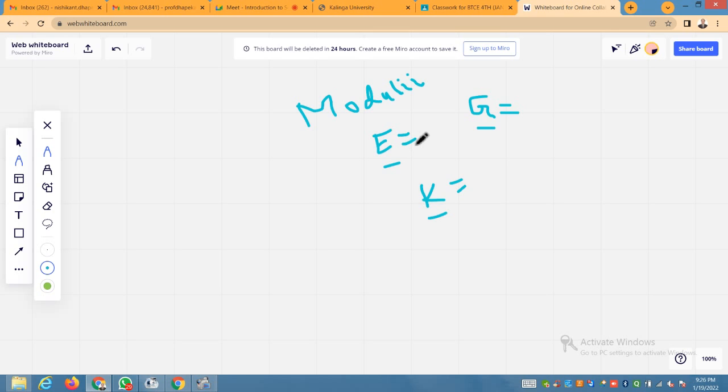So this Young's modulus of elasticity is defined as stress upon strain, and modulus of rigidity is also defined as stress. Instead of stress, there should be shear stress, and instead of strain, there is shear strain.